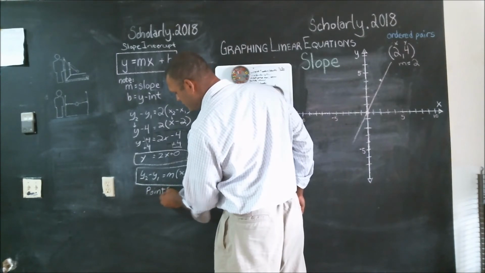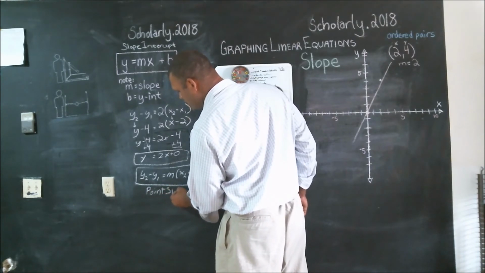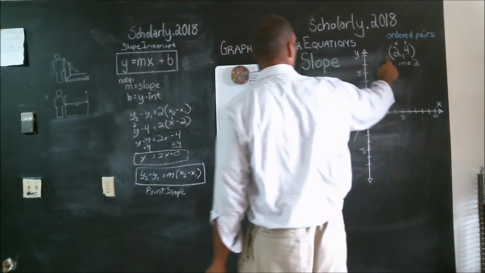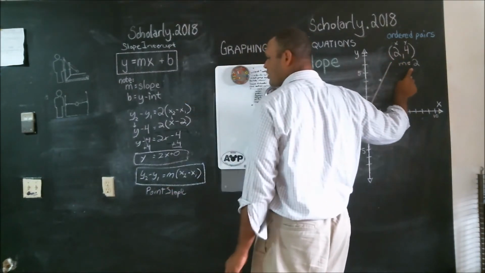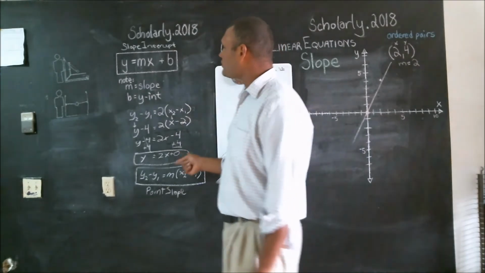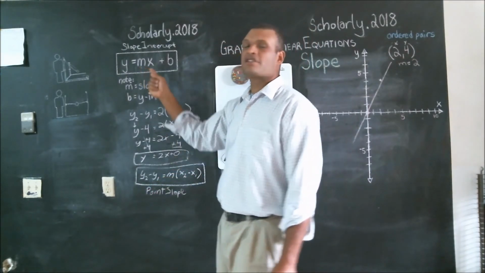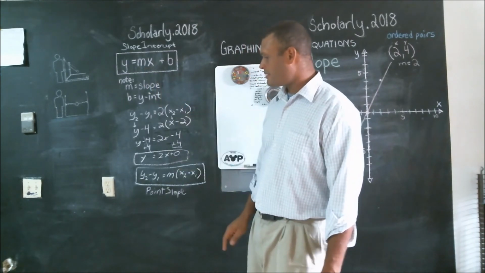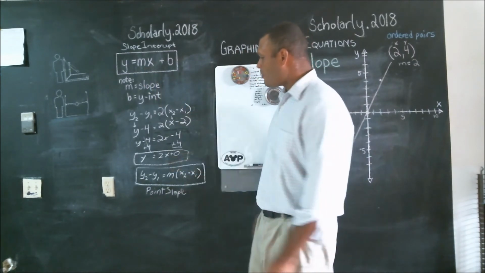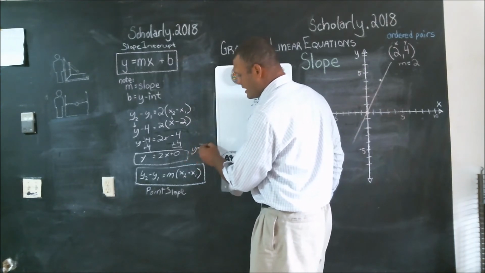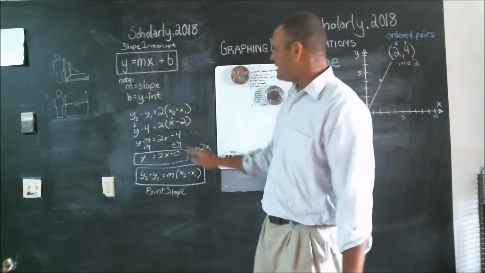A point slope equation you use when you have a coordinate on a line and you have the slope. And then what they'll tell you to do on your test is put it into slope intercept form. There it is. Very simple. So your answer right here would be y equals 2x. And that would be your most simplified answer in slope intercept.